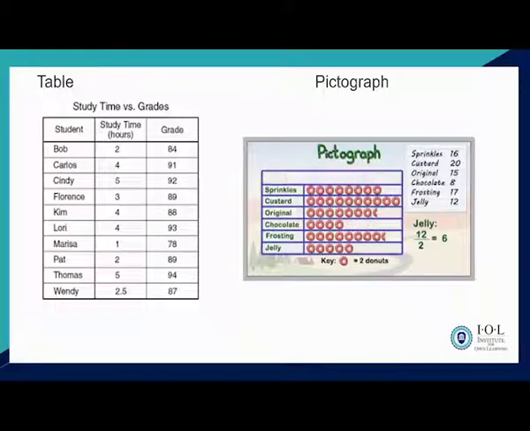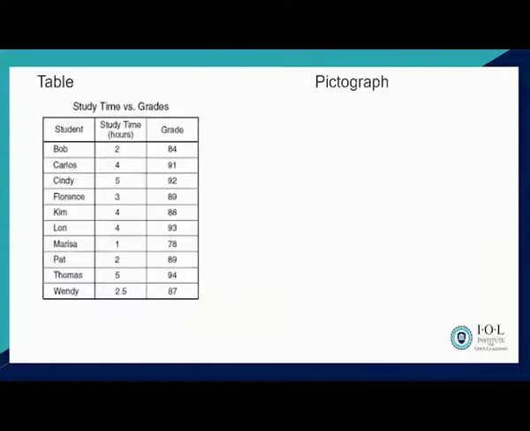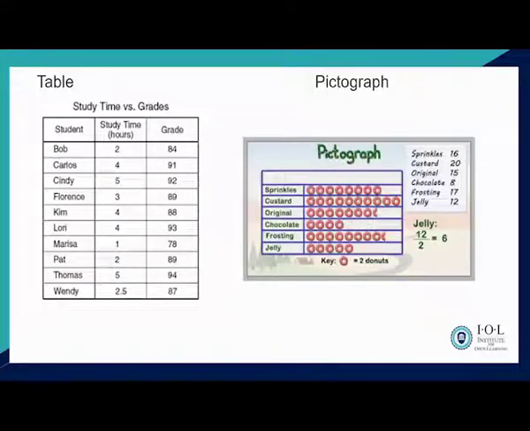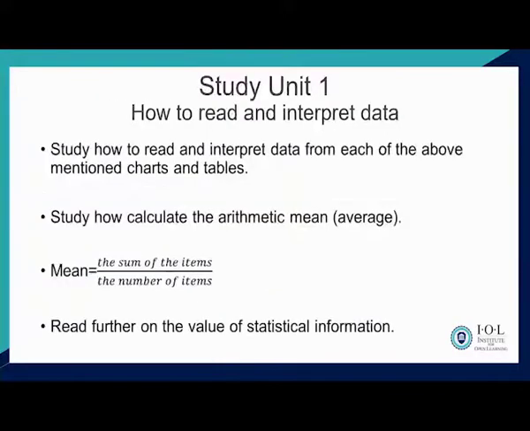I see sometimes students get confused with a bar graph and a table. Ensure that you know the difference if I ask that in the exams or the assignments. Now, study how to read and interpret data from each of the above mentioned charts and tables. I can ask you to draw a table. Sometimes, especially in the exam, I will ask you to interpret the data.